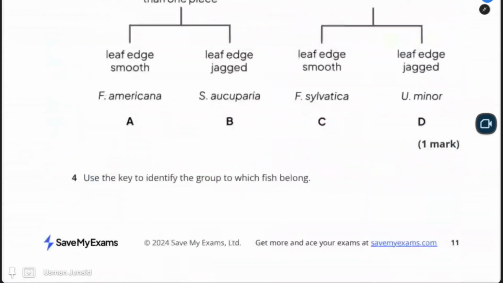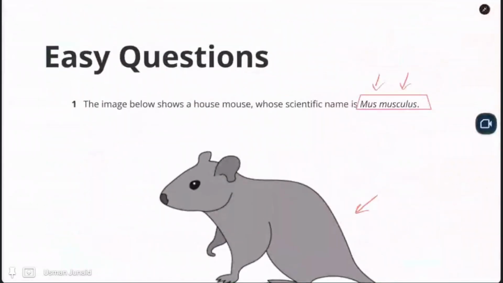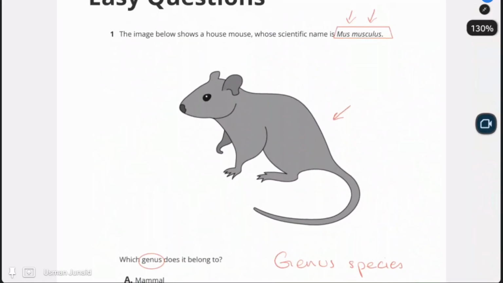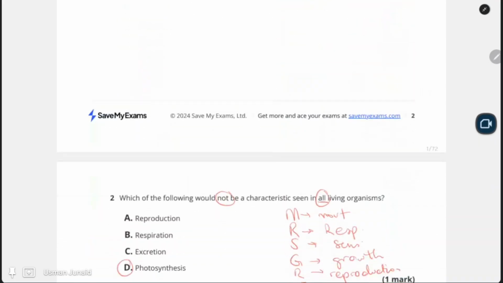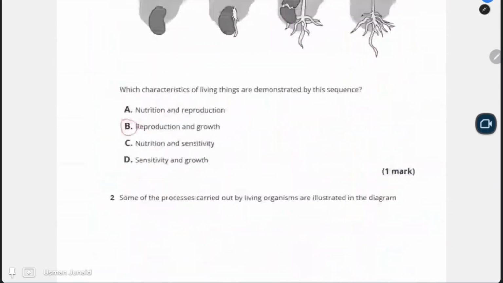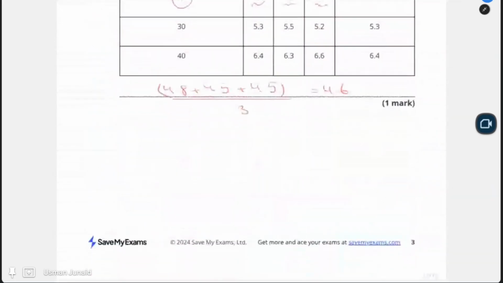The first question that we did was name the genus of this animal, which was Mus, right? Because genus is first and species is second. So, what is the genus of this animal?